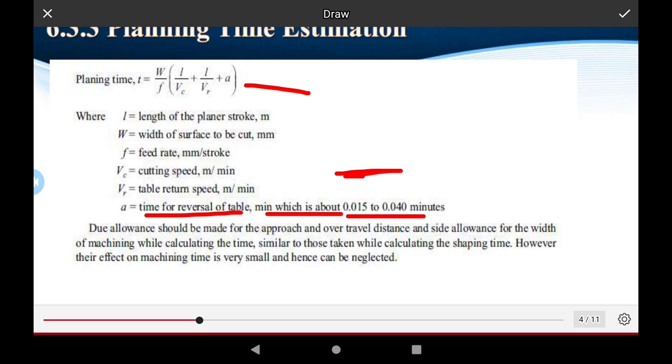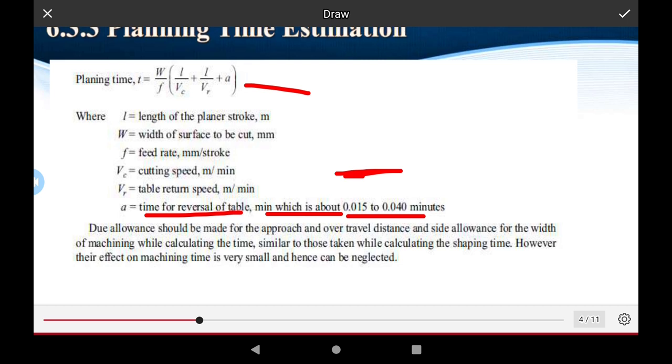Some machine tools use assumptions for the approaches, the return stroke and forward stroke, and the distance travelled by the tool.